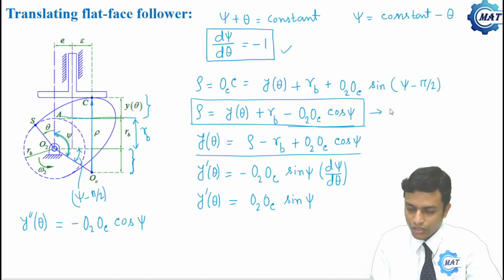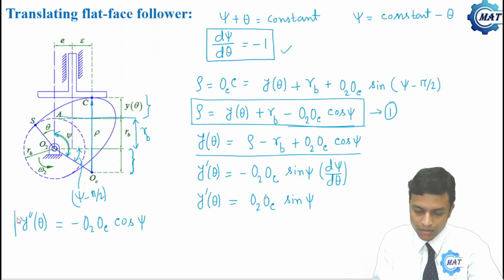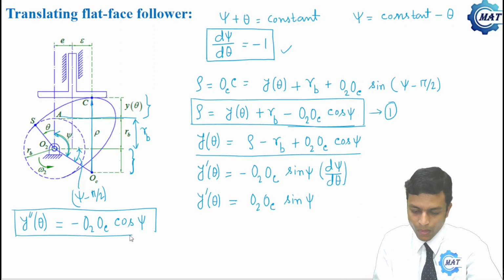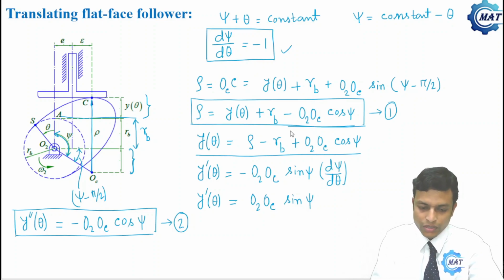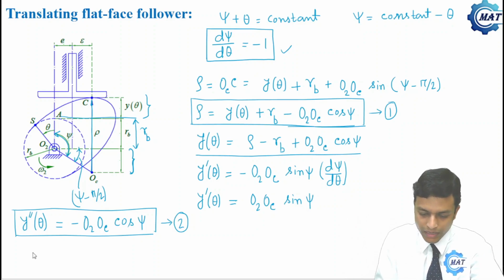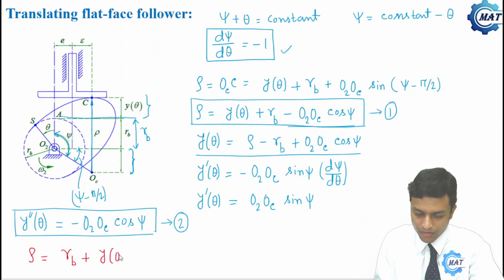Say this is equation 1 and this is equation 2. If we rearrange these two equations, then what we will get? We will get rho equal to RB plus y of theta plus y double prime theta.